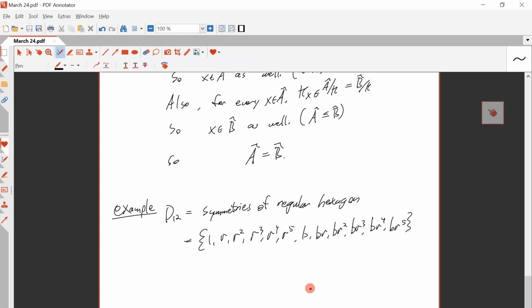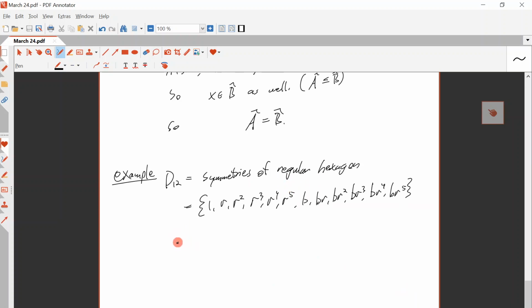So D12, the symmetries of the regular hexagon, where R is rotation of 60 degrees, 1, 2, 3, 4, 5, 6, and just rotating this way. And B is reflection.